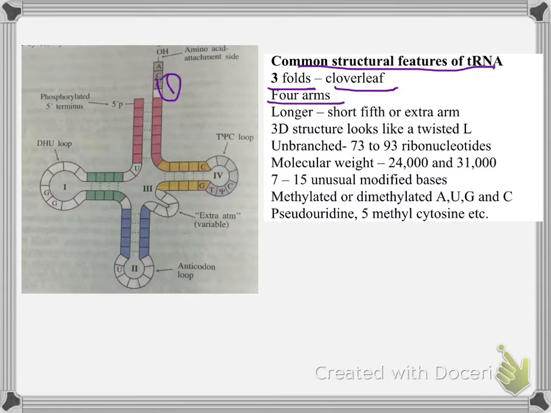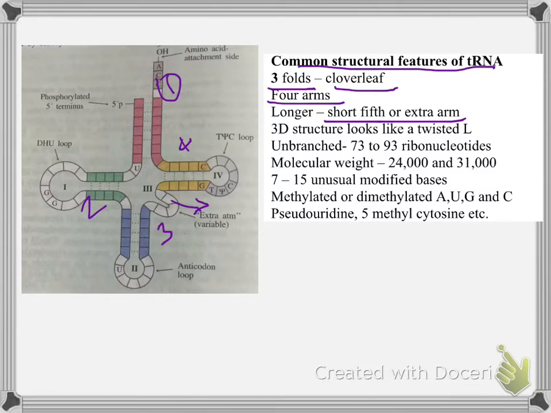These are the arms: 1, 2, 3, 4. And in the case of longer tRNAs, there will be a short 5th or extra arm. This is the extra arm.